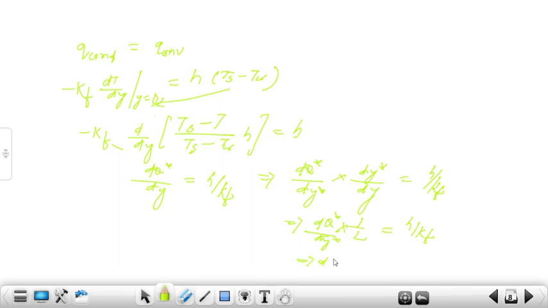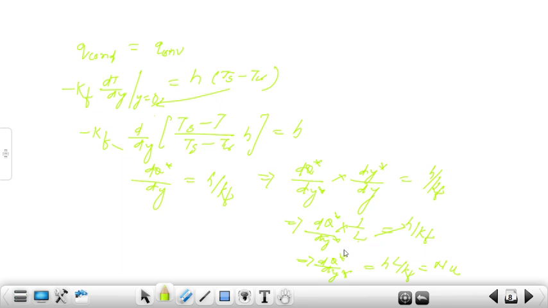So d theta star divided by dy star is equal to, this L taken on right side, hL by Kf, which is equal to Nusselt number. So the Nusselt number is d theta star divided by dy star, which is a non-dimensional temperature gradient.